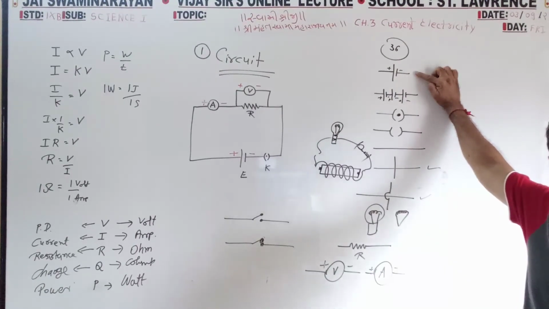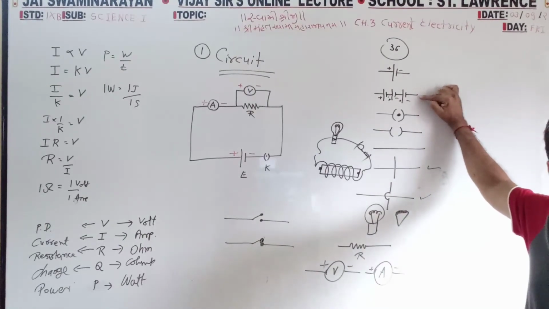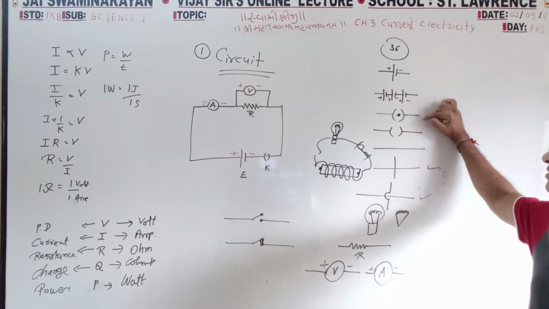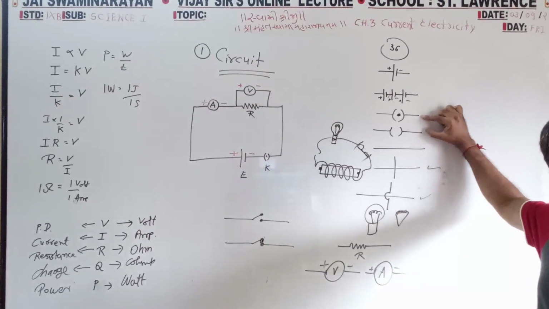What is the use? To supply electric current in the circuit. Two or more cells, that is a battery, same use, to supply electric current. In switch there are 2 types of questions.